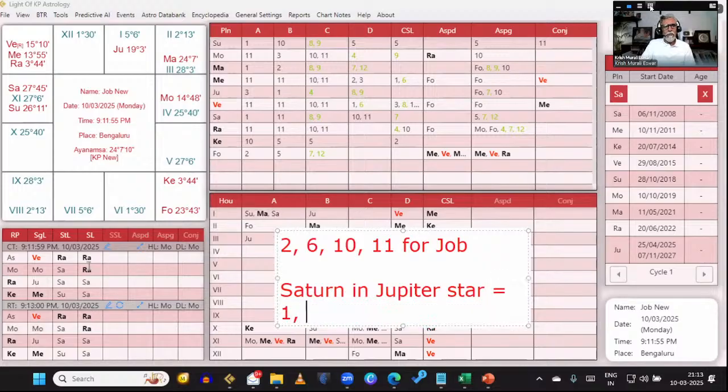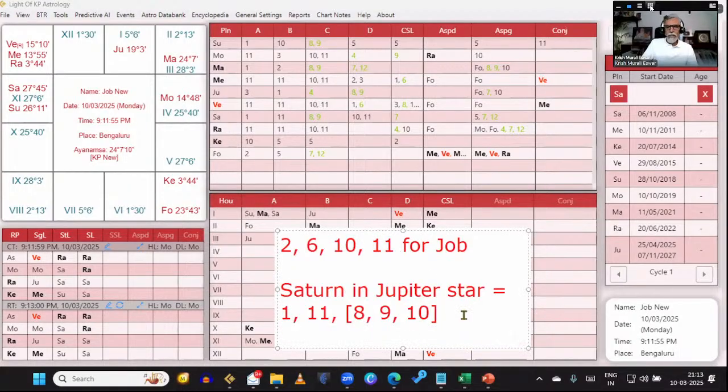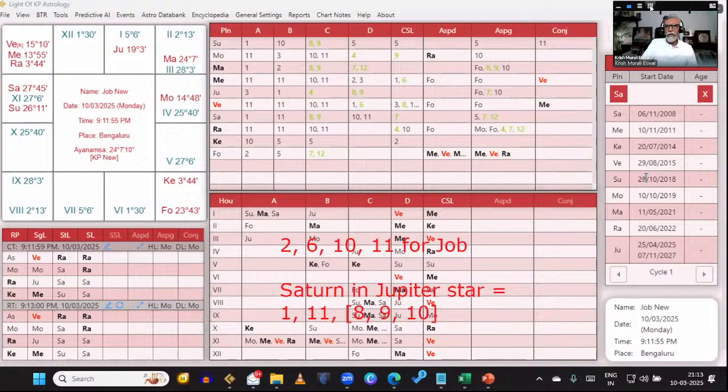Jupiter is in the first house. Saturn is in the 11th house, and Jupiter owns 8 and 9, Saturn owns 10 and 11. So we are clearly seeing the 10th and 11th houses. We are also seeing 1, 8 and 9, which are not very beneficial, but the two house significations will activate the job for this person. So Saturn Mahadasa is beneficial. Is this clear to you?